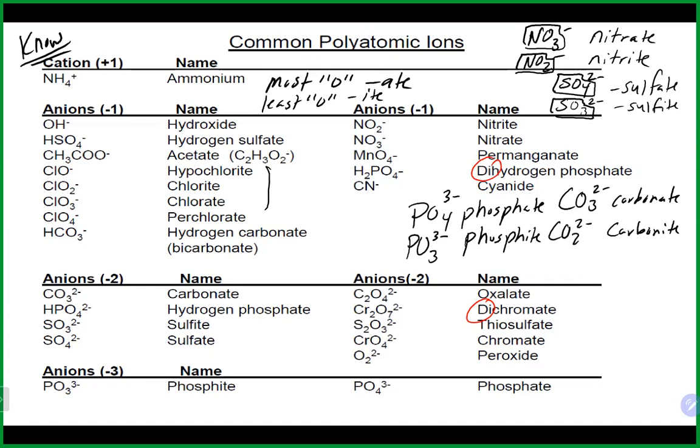Now, although a vast majority of these do end in either ate or ite, there are some polyatomic ions that end in IDE, like hydroxide is IDE, cyanide is IDE, azide as well is IDE. But again, a vast majority of them will be ate or ite, and that's a really good way to figure things out.